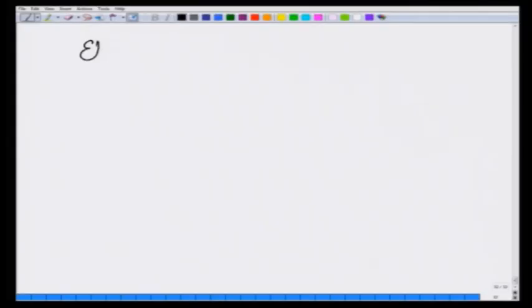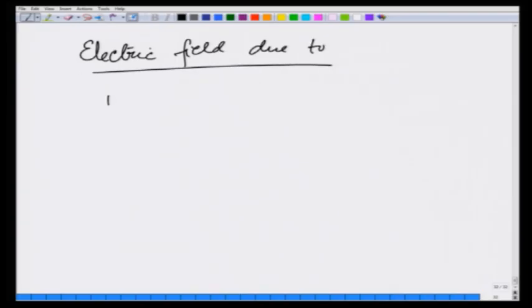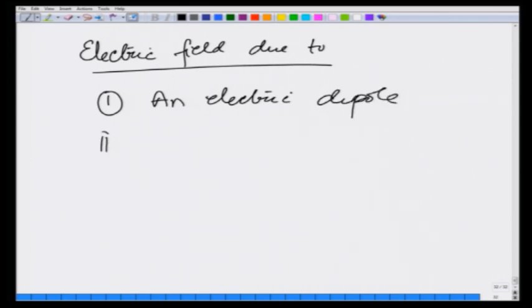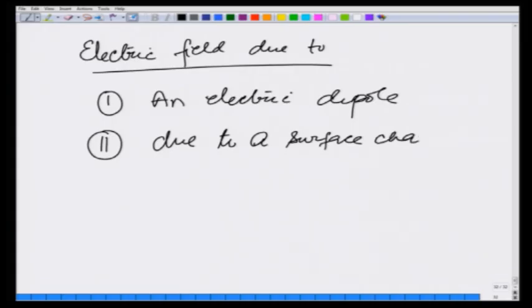I am going to calculate electric field due to example 1, an electric dipole, and 2, due to a surface charge.